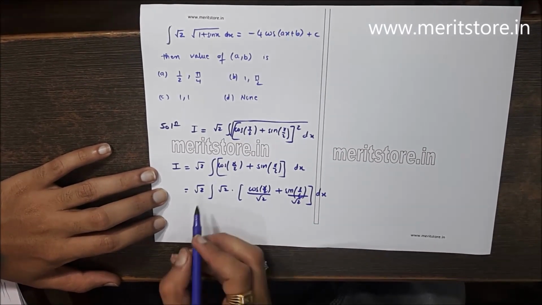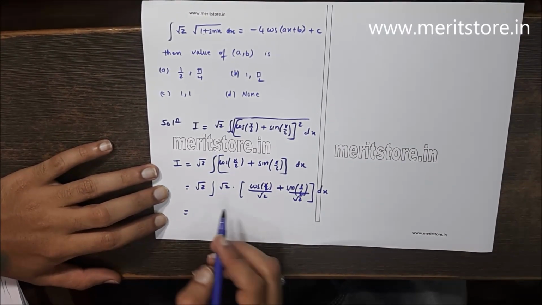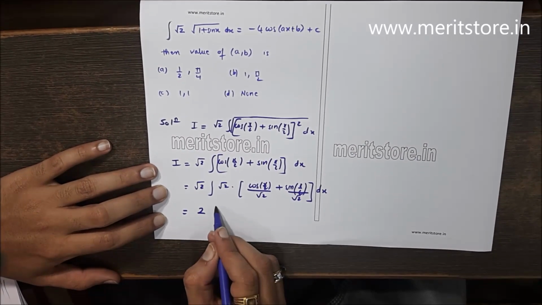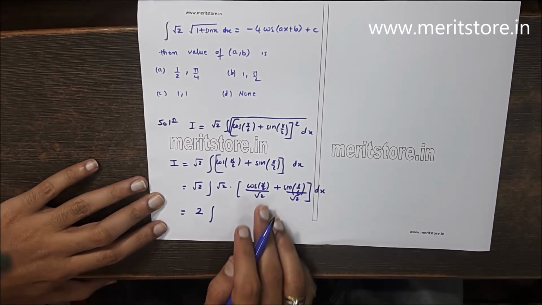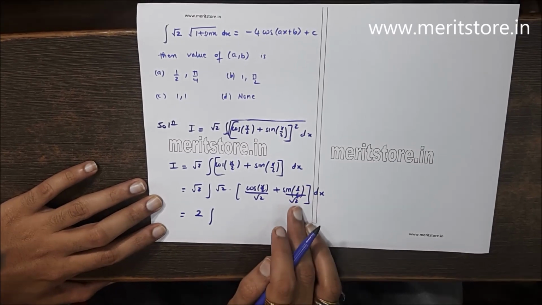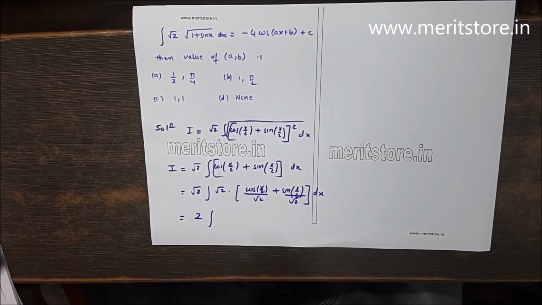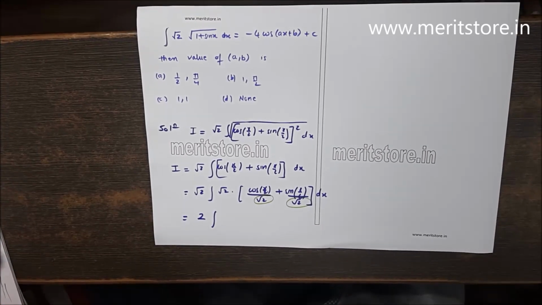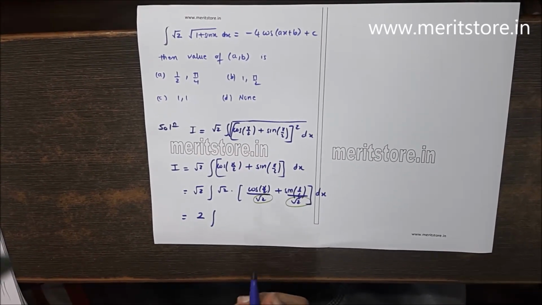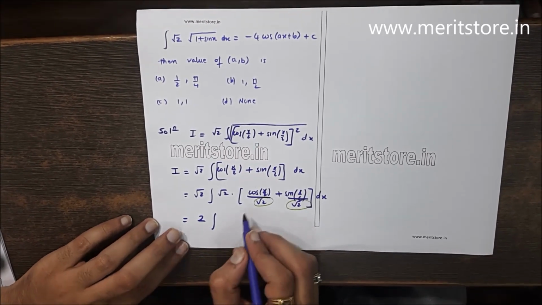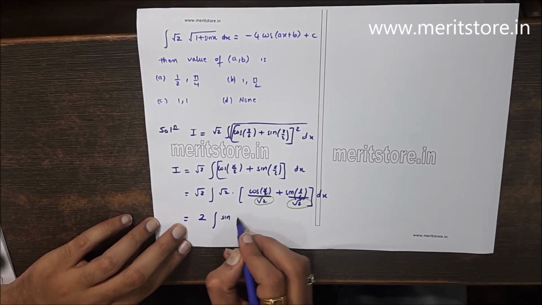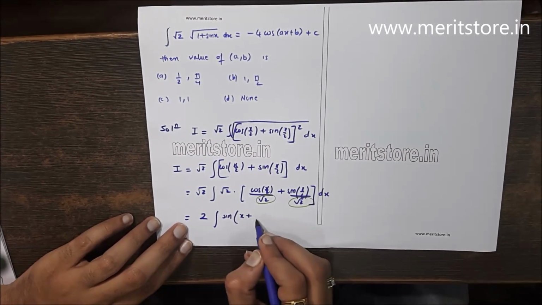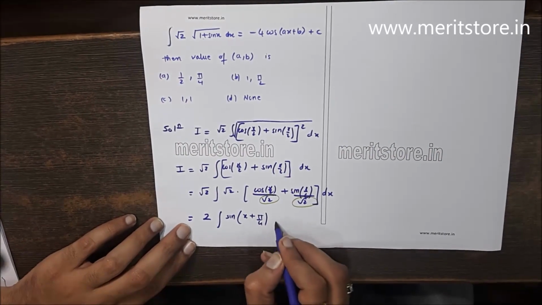Once we have this, root 2 is a constant, comes out, becomes 2 integral of cos x by 2 upon root 2 plus sin x by 2 upon root 2. Both these 1 by root 2 and 1 by root 2, I am writing it as sin pi by 4 and cos pi by 4 respectively, so that I can write this entire term as sine of x by 2 plus pi by 4 dx.